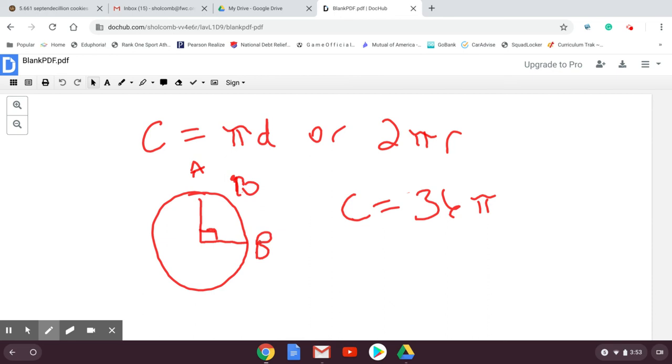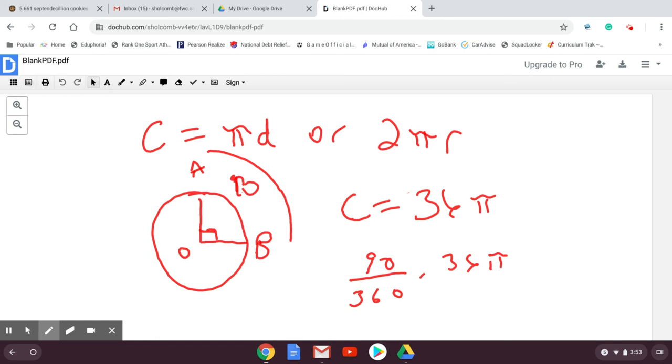Well, the overall circle O circumference is 36 pi, but AB is 90 out of 360 degrees. Agreed? Also known as 1/4 of the circle. So what you're going to do to find arc lengths is you're going to set up the arc over 360 degrees and then multiply it by the circumference that you're given, in this case 36 pi.